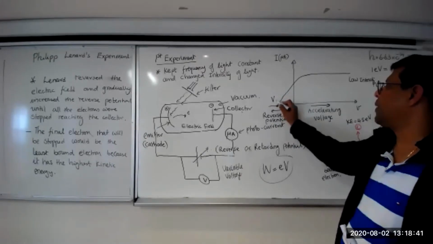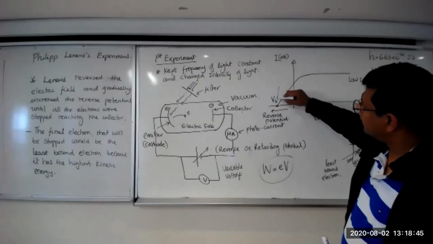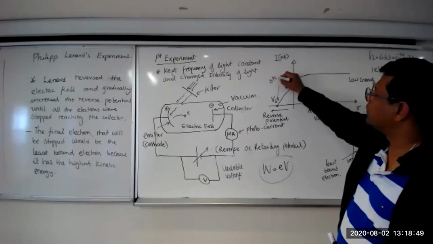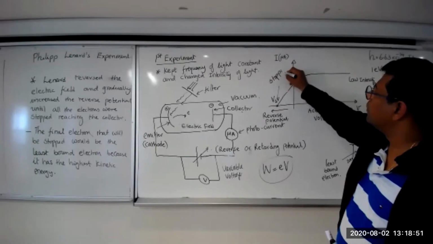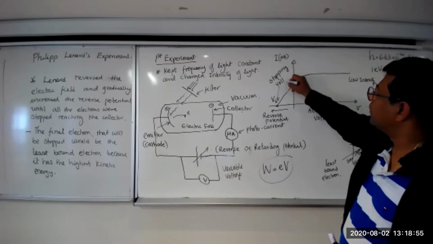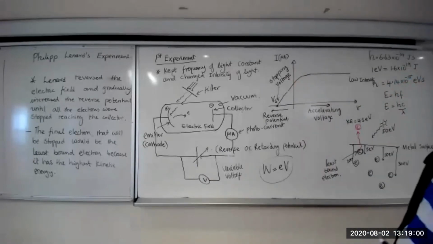This is called stopping voltage. This is a very important one. This is called stopping voltage or cutoff voltage. It is the minimum voltage required to stop the most energetic electron.